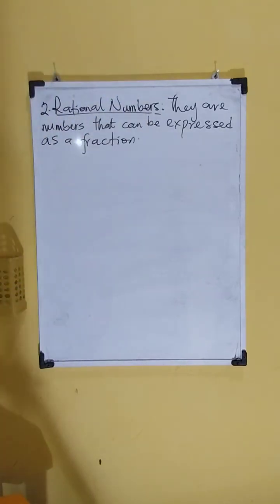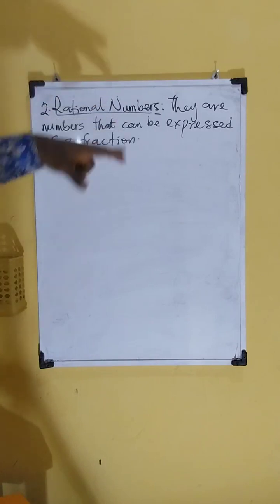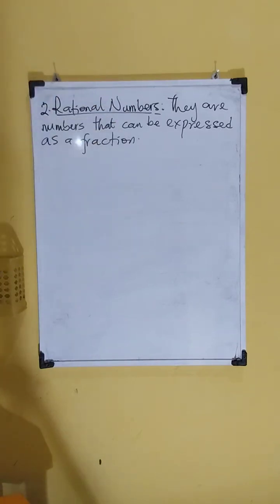So you see the difference between integers and rational numbers. Integers are not expressed as fractions, but rational numbers are expressed as fractions.